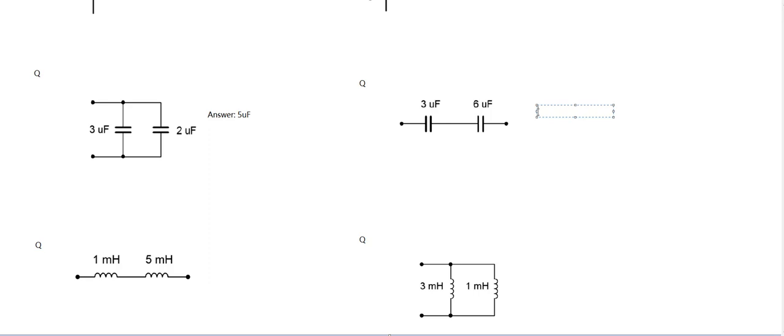What that means is that we have the 3 microfarads multiplied by the 6 microfarads, divided by the addition, 3 microfarads plus 6 microfarads.